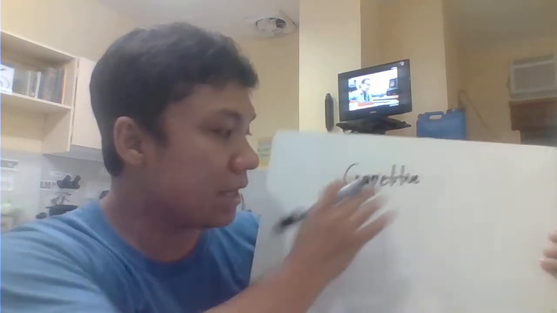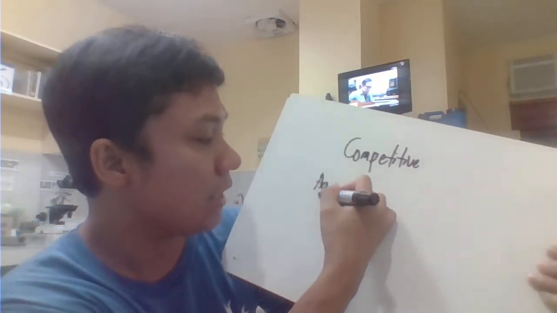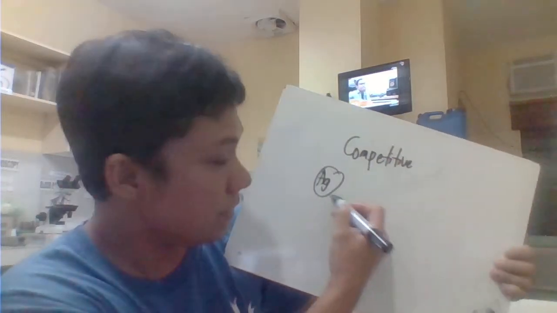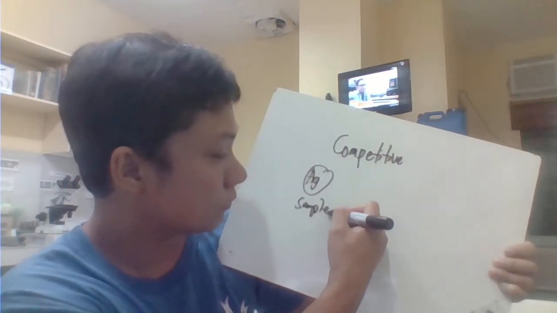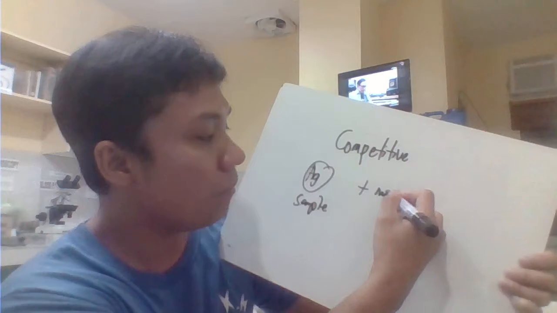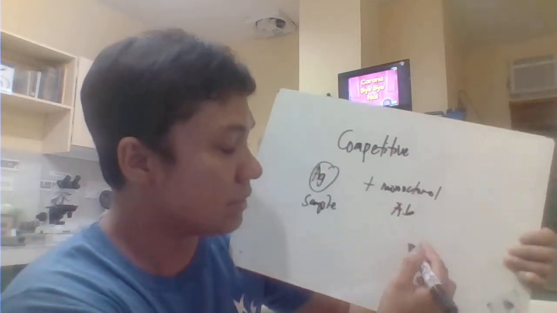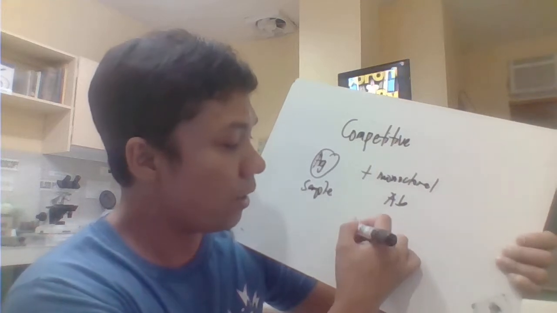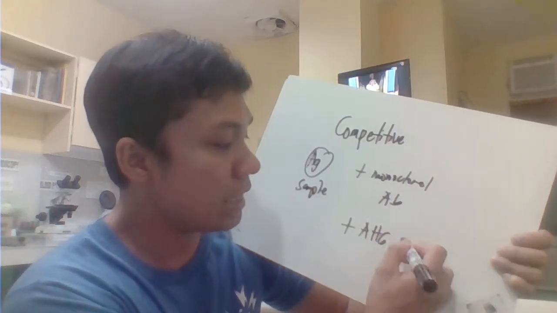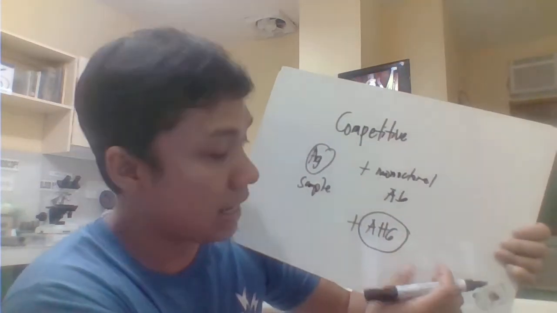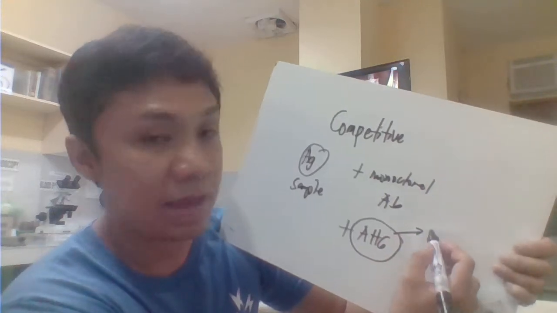Okay, pag sinabing competitive, so we have here, for example, your antigen. This is your sample here. Then we have your monoclonal antibody as one of your agents. Then, another one, we have your anti-human globulin. So, para siya naging carrier natin where you try to add your label.